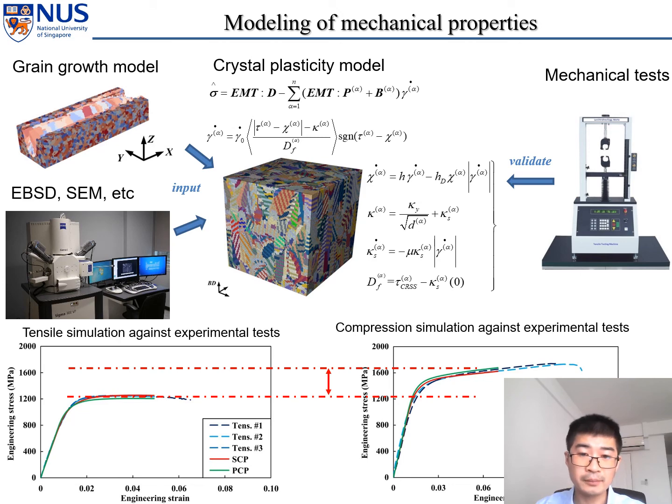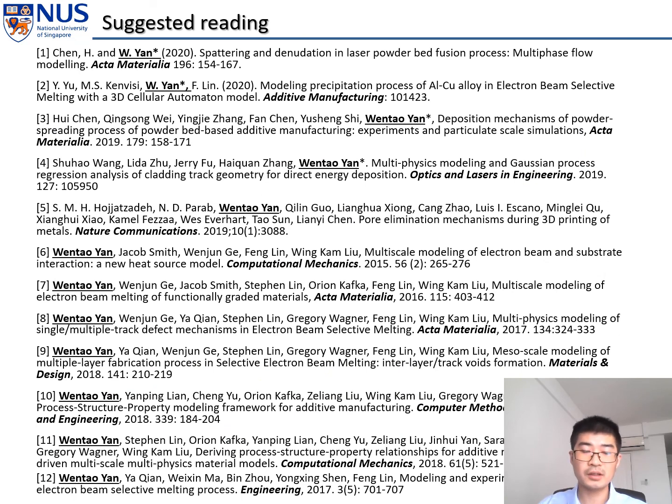It should be noted that for the yield strength for tension and compression, there is a remarkable difference of around 400 megapascals. This is mainly due to the residual stress. That means we need to carefully consider the influence of residual stress when we investigate the mechanical behavior of additively manufactured parts.